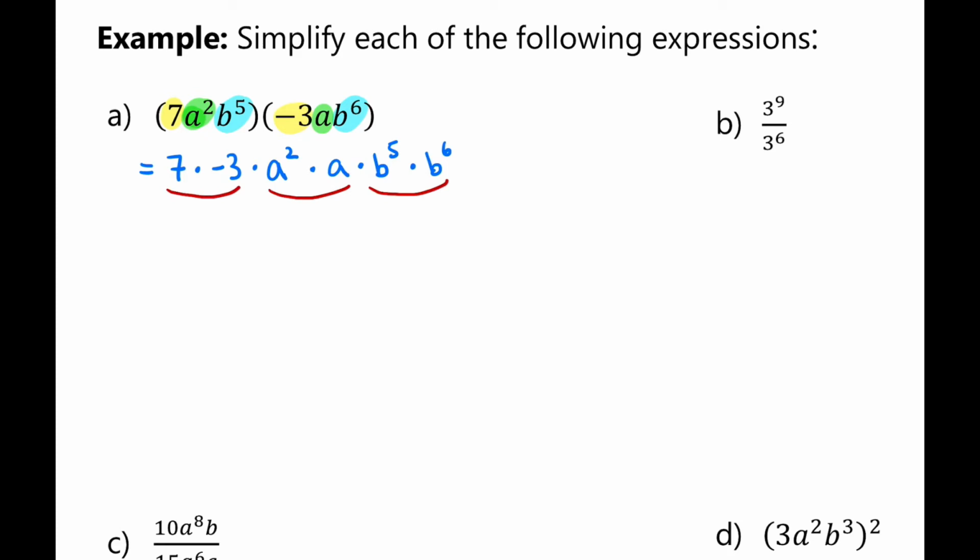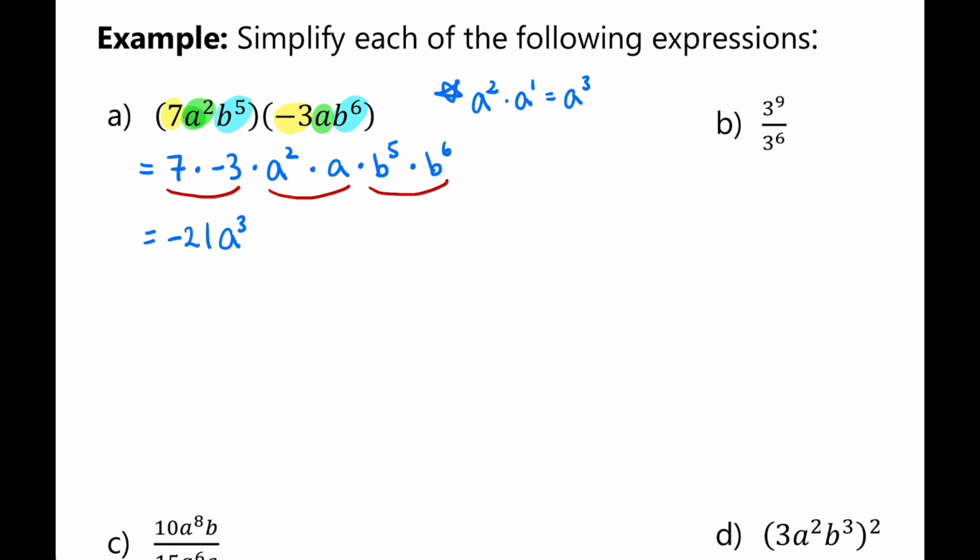Okay, so 7 times negative 3 is negative 21. A squared times a is a to the power of 3, because you're adding the exponents. A squared times a to the power of 1 equals a to the power of 3.